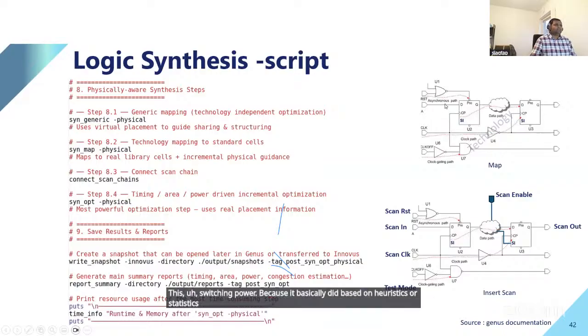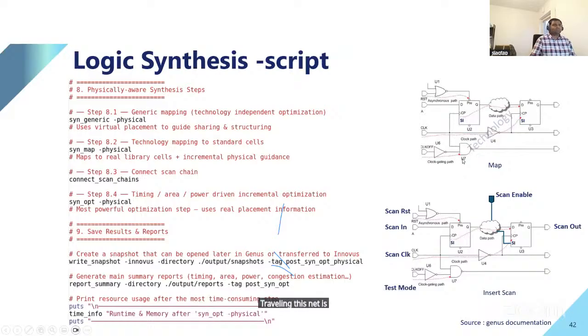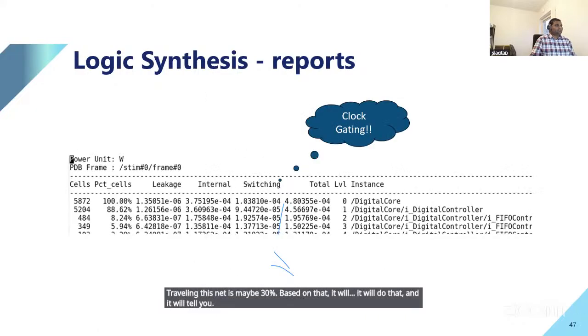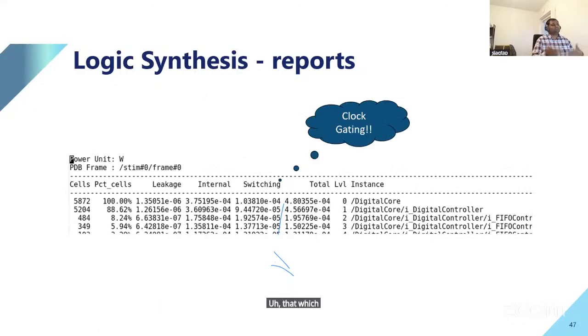Basically, it says this net will toggle 20 times. The probability of toggling this net is 20%, the probability of toggling this clock net is, let's say, 80%, and this net maybe 30%. Based on that, it will compute, and it will tell you which kind of algorithm it's using. There are some statistical algorithms. I don't have in-depth knowledge of that, but this number is not something to rely upon.